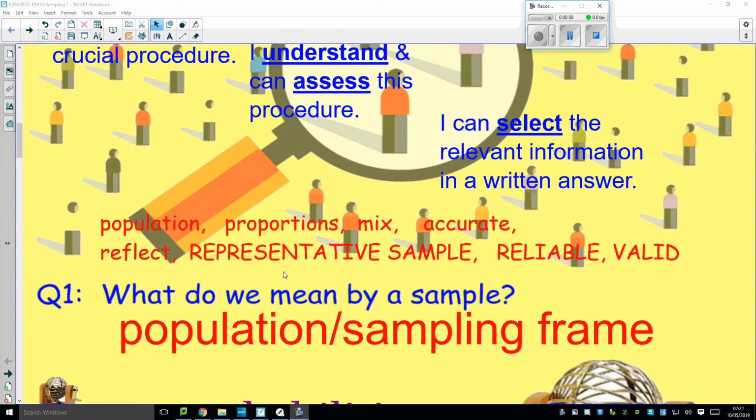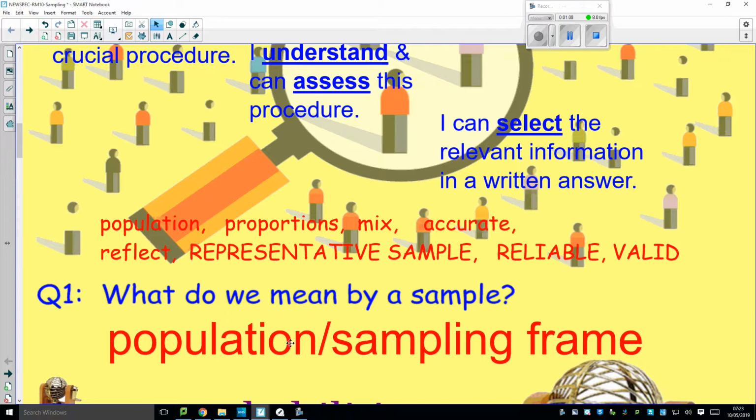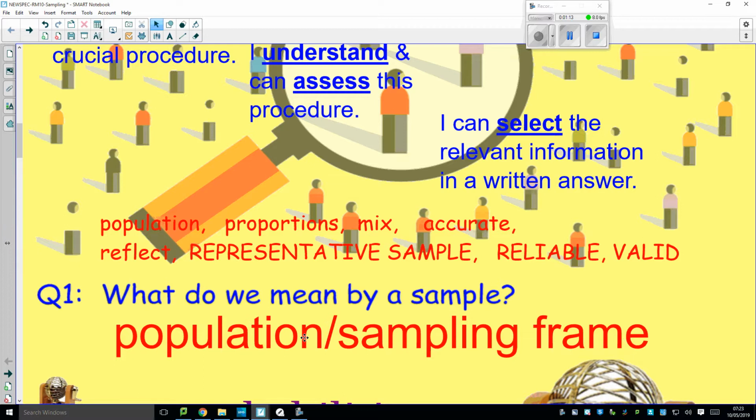So what do we mean by a sample? A sample is picking the people you're going to study. So it's not a method you use to study people. It's a method you use, or methods you can use to pick the people you're going to study. You start off with your population or sampling frame, all the people you might study.